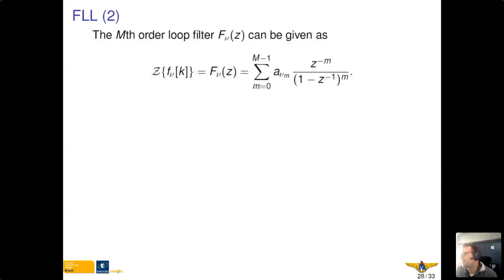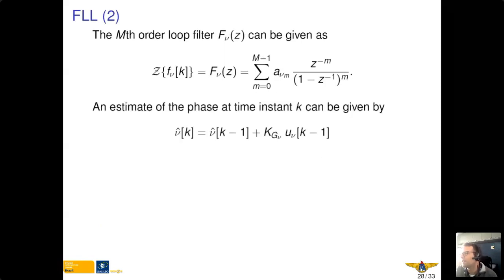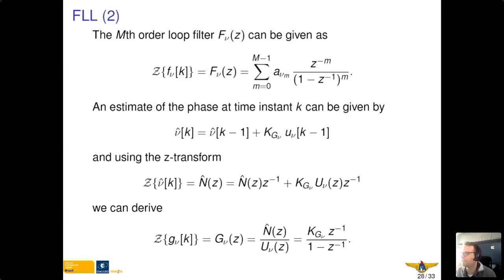Again, we can build the design of this loop filter as an mth order loop filter with filter coefficients a nu m. And again, we can build, using the state equation and then the Z transform, the transfer function of the integrator. And again, we're integrating here.